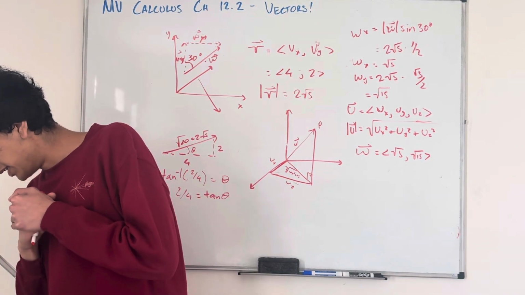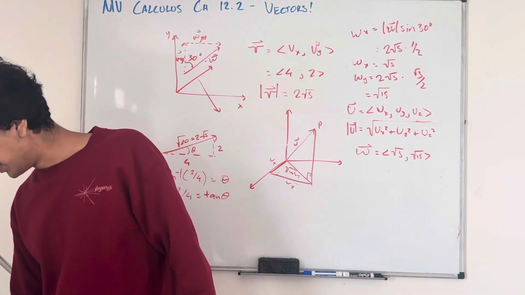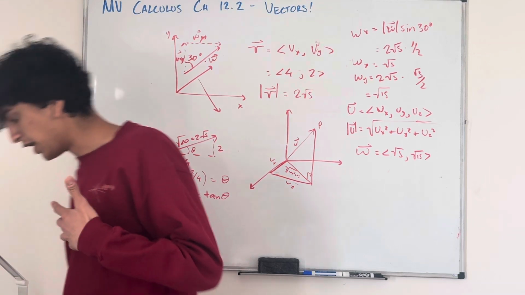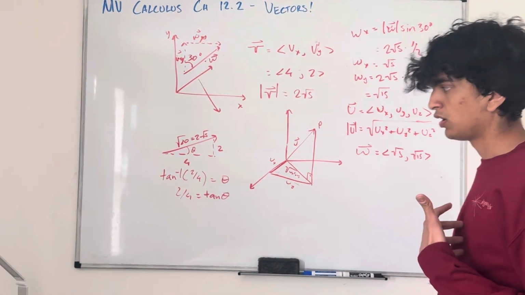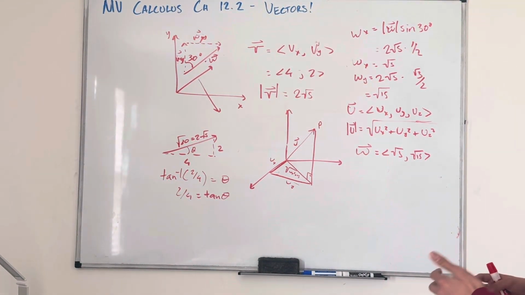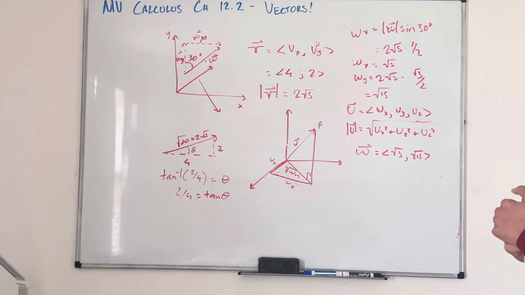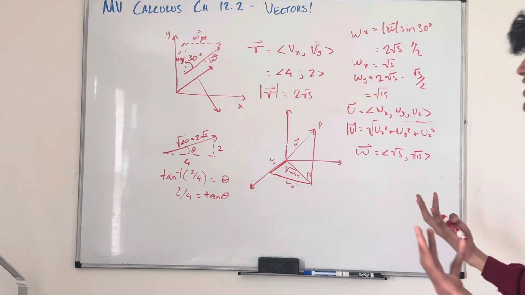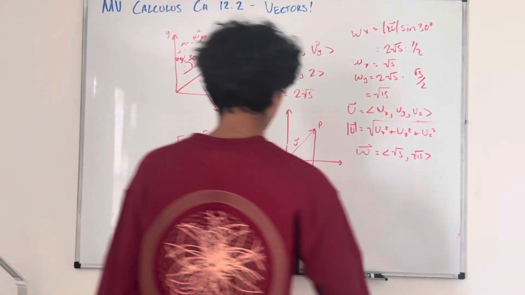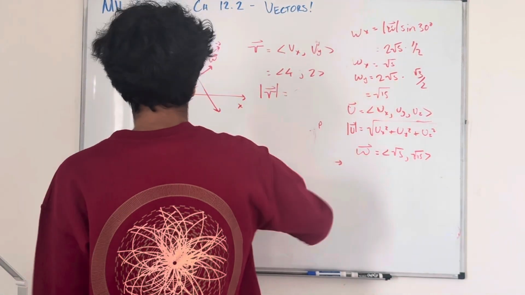And the deal is that what I can do now is add vectors mathematically, or I guess with numbers. Like u plus v, so I guess I can start erasing things.